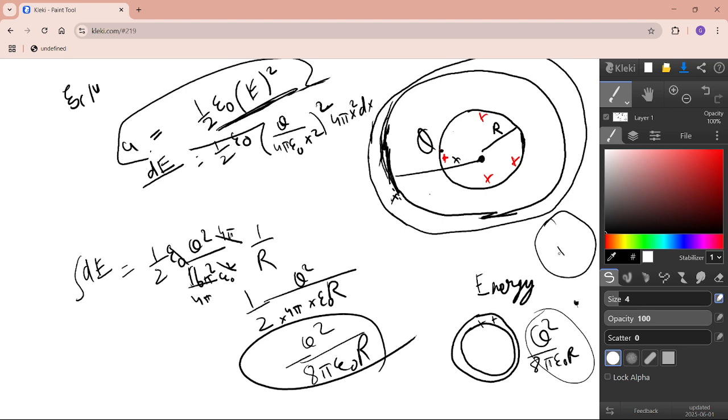But if you have an insulator that has charge inside too, not just on the surface, it's something different. It's called the self energy of a solid sphere, and if I remember, it calculates to q square upon 20 pi epsilon naught r.